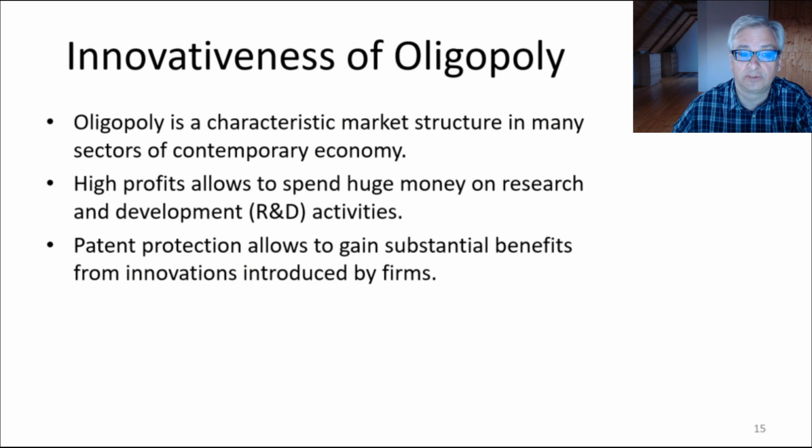Look, for instance, at pharmaceutical industries, or look at mobile industry or electronics. They show you how efficient, how innovative oligopolistic markets can be. Patent protections are very important elements because they allow those oligopolistic businesses to gain benefits from the innovations they work on thanks to their R&D activities.